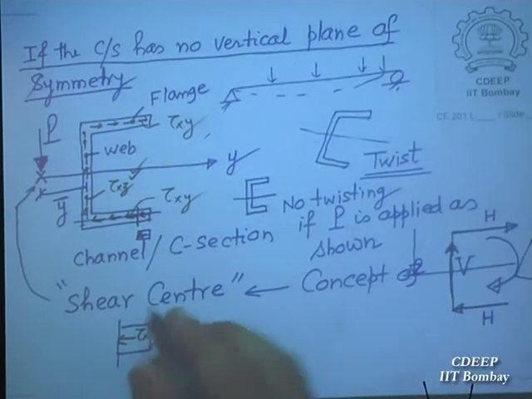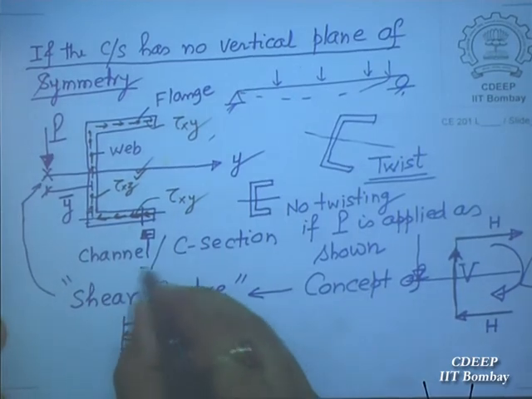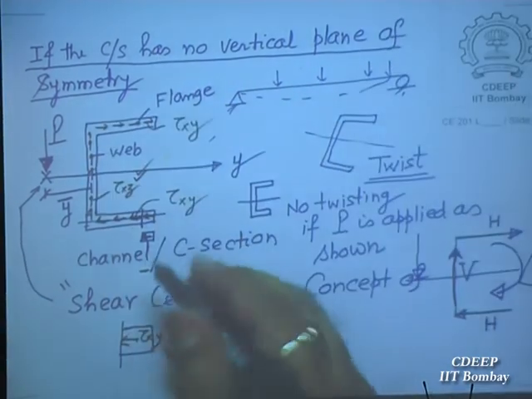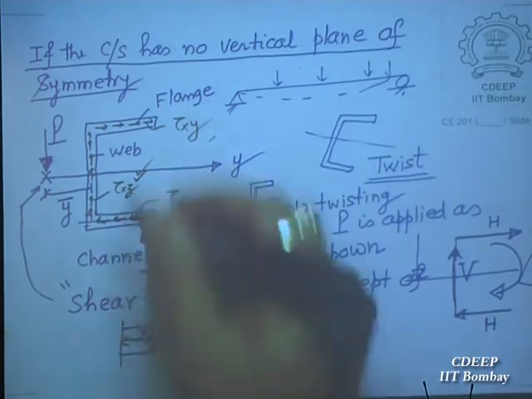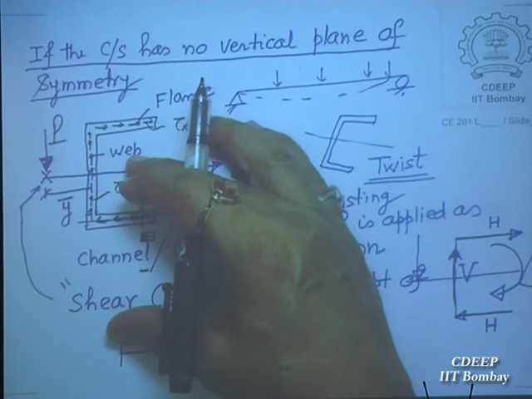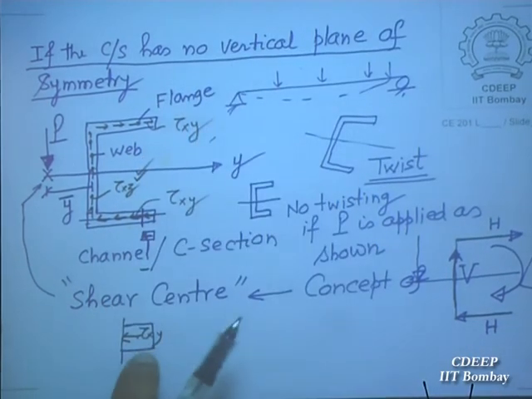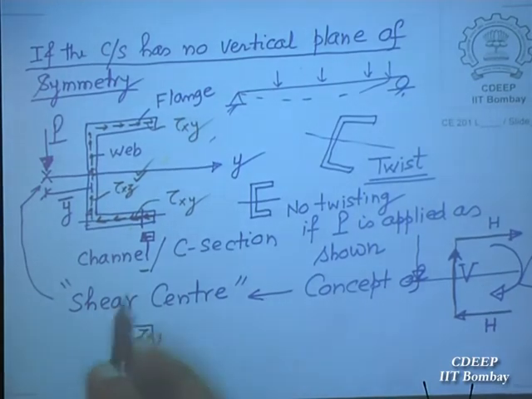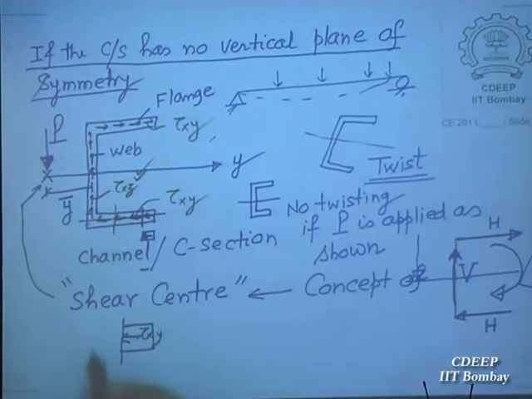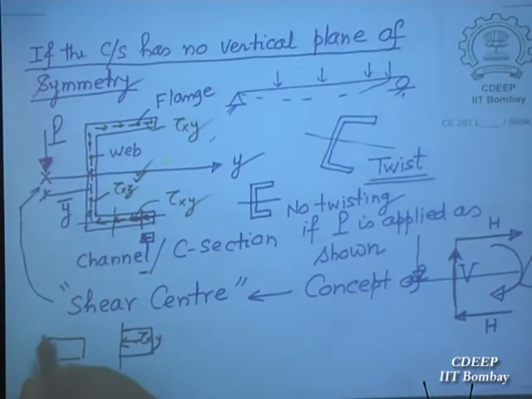Tau xy will be the area of this multiplied by the distance from the centroid. That way you can find out the Q. And as this area goes on, supposing you want to find out here, I will have to consider a bigger area. So it will actually vary linearly.